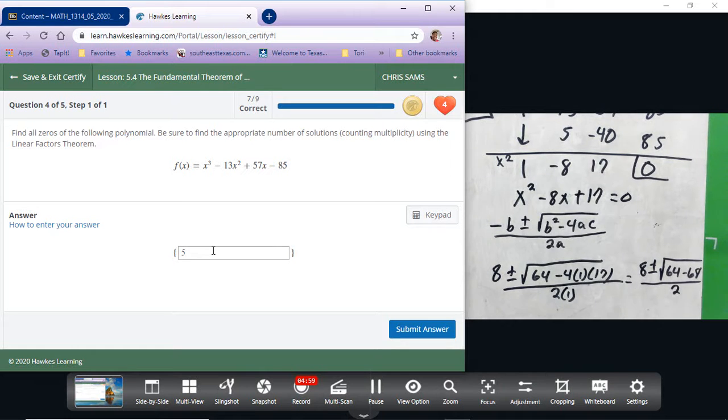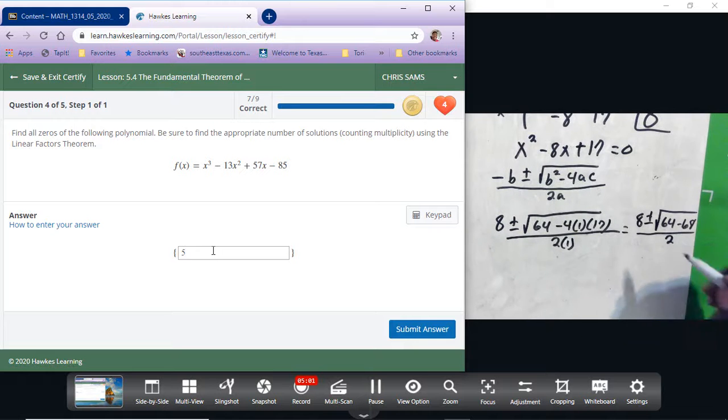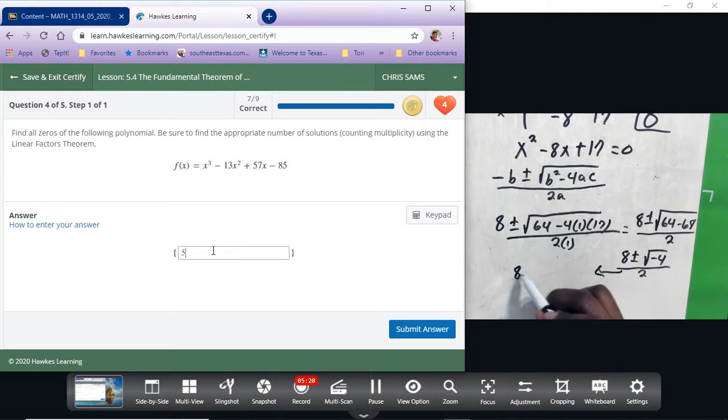Alright, so now we have 8 plus or minus the square root of negative 4, all divided by 2. And then the square root of negative 4 is 2i. So we get 8 plus or minus 2i divided by 2.